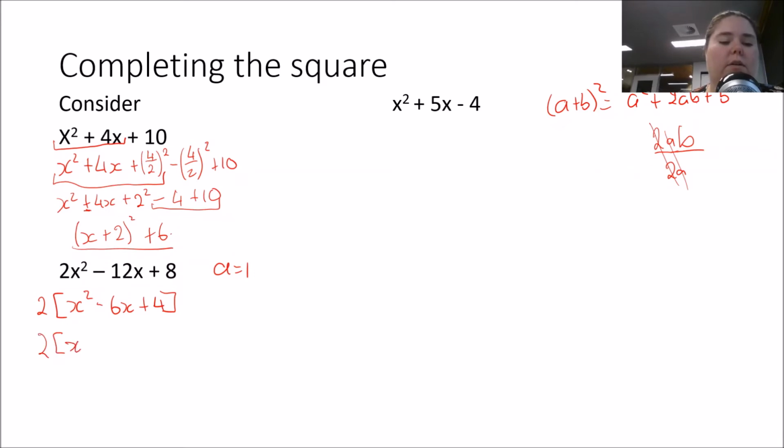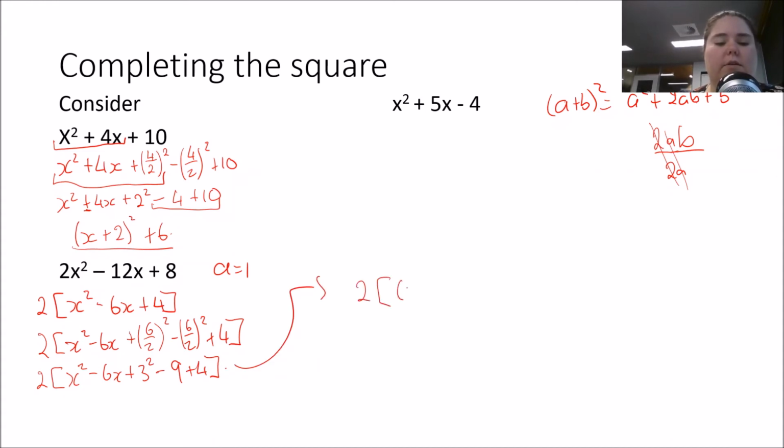So I add in and I take away b on 2 squared. Okay, so now I'm going to simplify my positive term, so it's still a square number. My negative term I'm going to fully expand out.